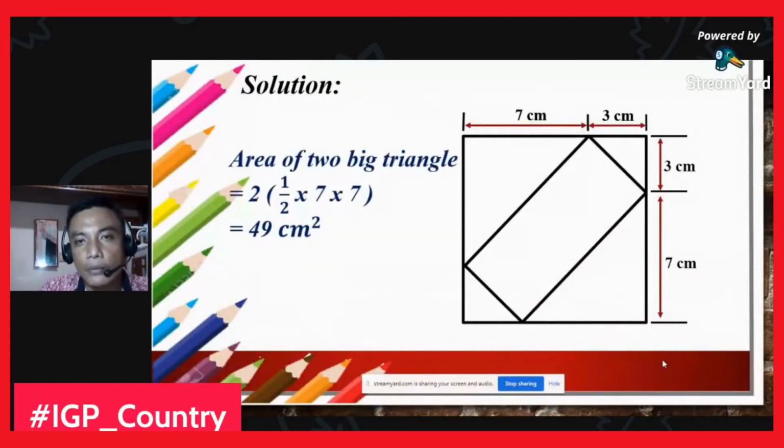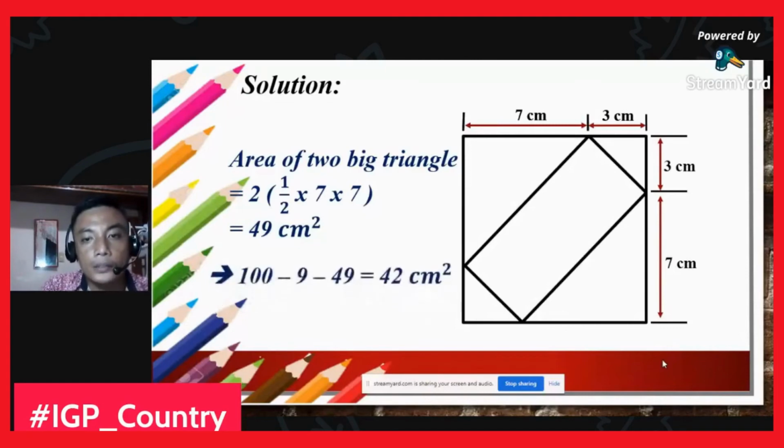Next, the area of the bigger triangles, which measure 7 by 7. So we have the area of 2 big triangles. We have 2 times 1/2 times 7 times 7 is equal to 49 square centimeters.